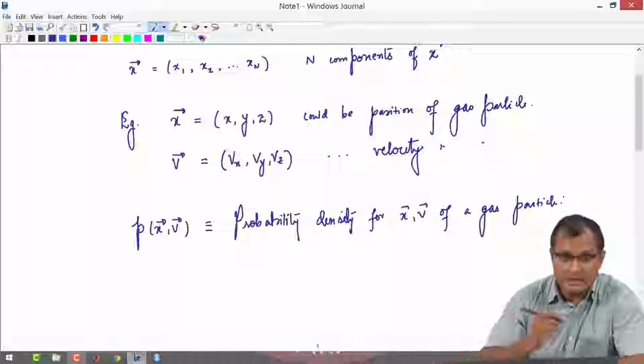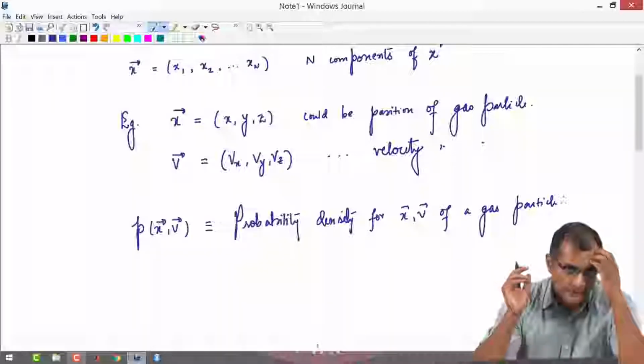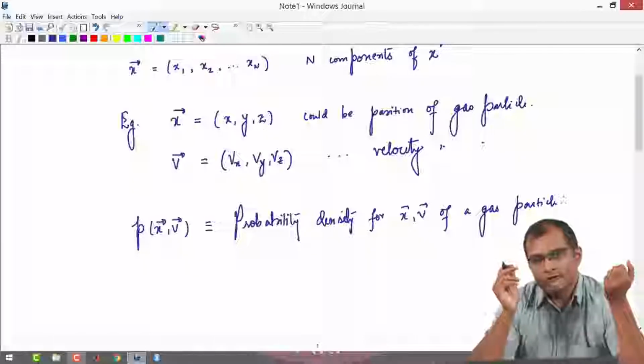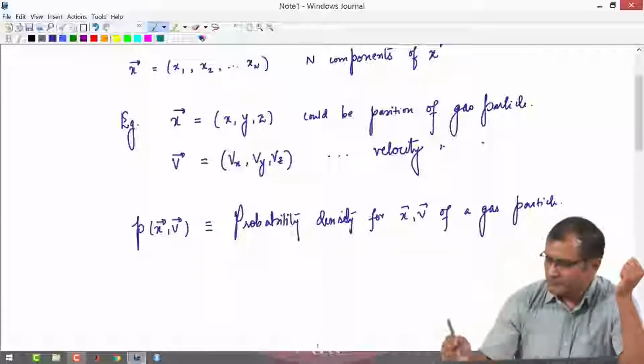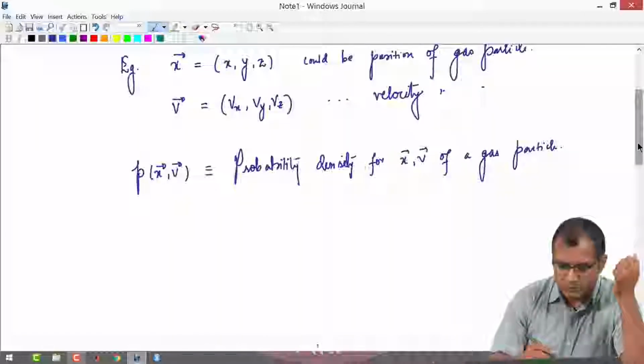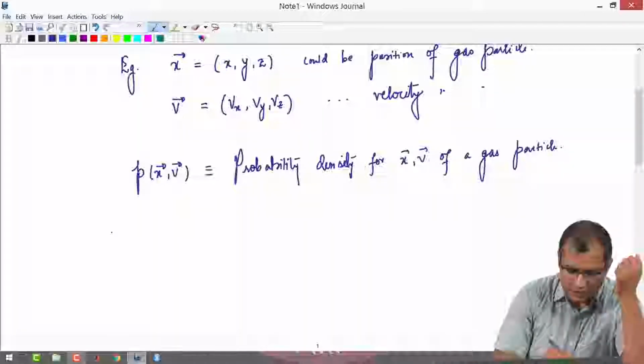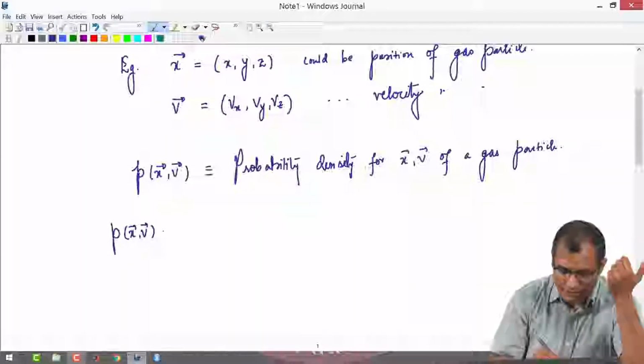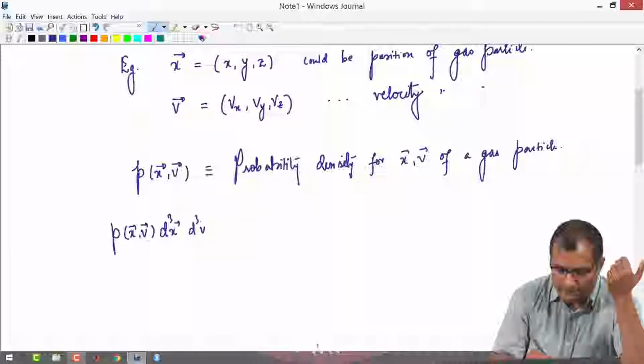This simply means that if I want to know the probability of finding a gas particle in the neighborhood of some x, v, which is the position and momentum in this room, then I simply have to compute p of x comma v into d cube x into d cube v.